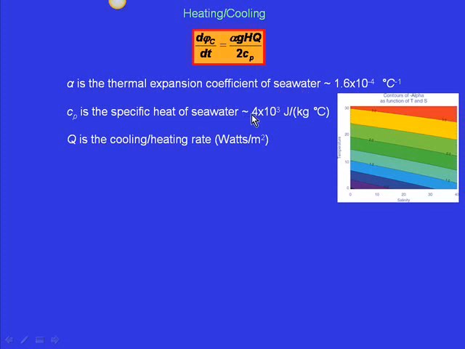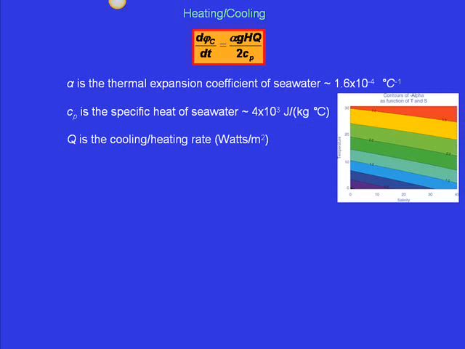Then C sub P is the specific heat of water, and that equals 4,000 joules per kilogram per degree Celsius. Does everybody know whether that's a constant, or what does it represent? What that represents is that we need to apply an energy of 4,000 joules per kilogram of water to raise its temperature by 1 degree.